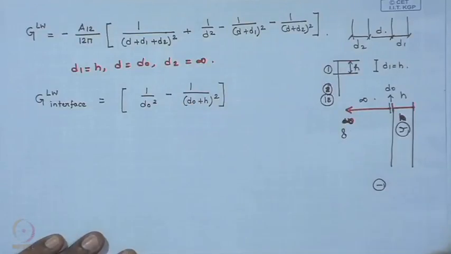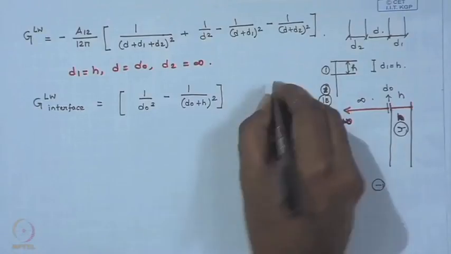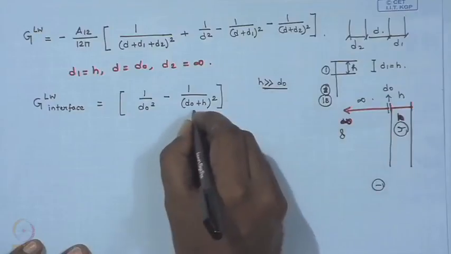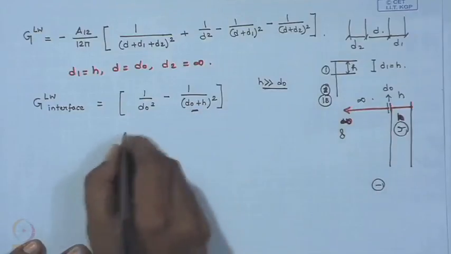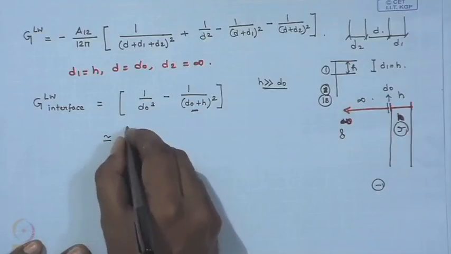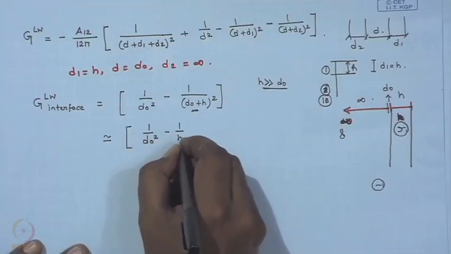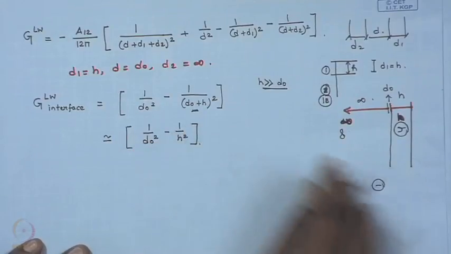And one may also argue that h is much larger than d 0. So, therefore, this second term can be approximated as 1 by h square. So, this is 1 by d 0 square minus 1 by h square.